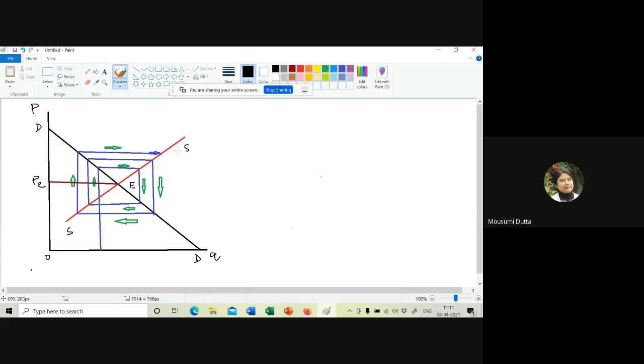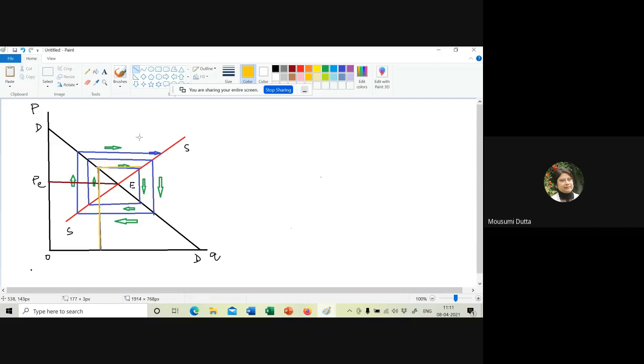So all these things are there. I hope you are understanding this amount is the first quantity. And this is the first price.